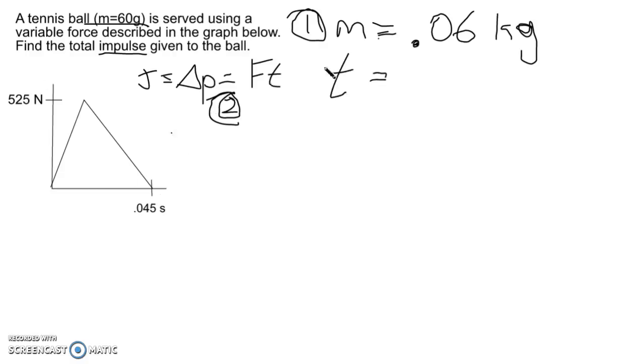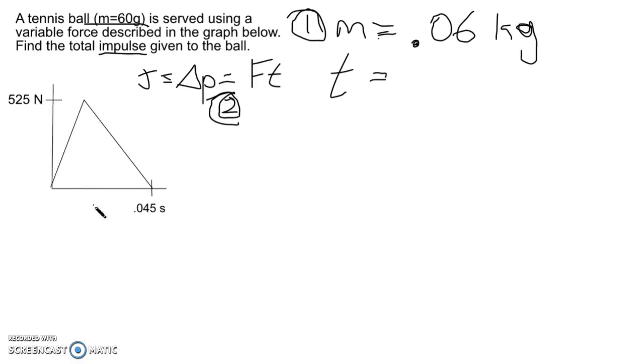So we need force and time. We're given this graph here by the paper, and I only drew a very simplified version of it, but I got the data that matters. What we have here is a triangle, right?